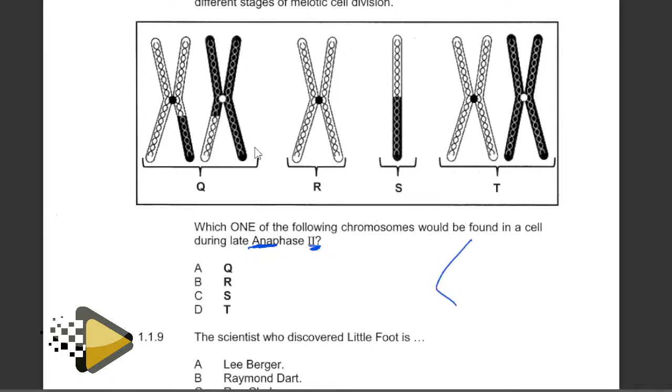The chromatids are the ones which are moving to opposite poles. Yes, but because it is late, it means that they could be straight. So we are looking for chromatids. Therefore, the answer is C. So it is 2 marks there. Why not this? Because they are not chromatids. Why not this? Homologous. Why not this? Homologous.